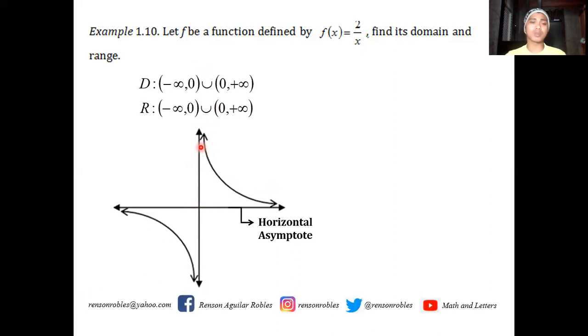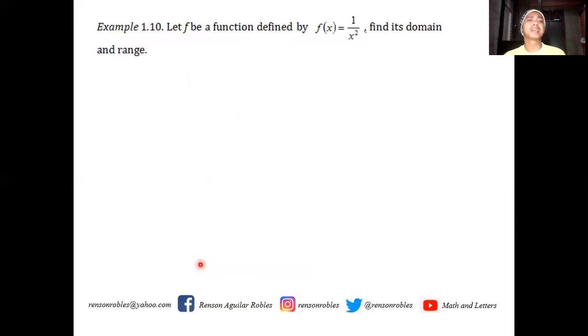And that is what you call the horizontal asymptote, and the y-axis is the vertical asymptote for this particular function f of x equals 2 over x. Okay, another one.